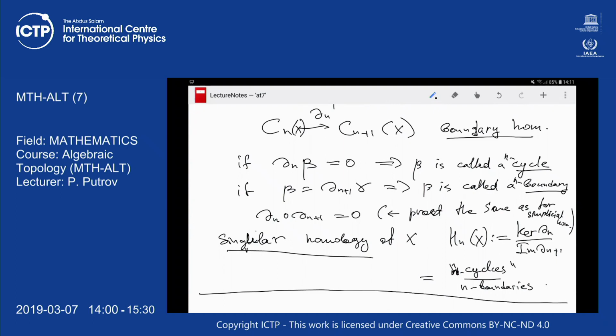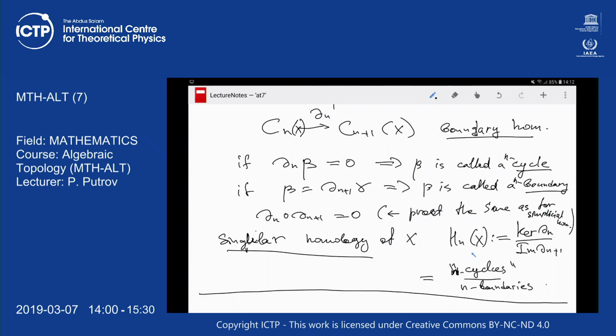Now, unlike in the case of simplicial homology, the Cn is an infinite dimensional space, the space of all continuous maps. It's quite hard to calculate explicitly, so the approach is to show particular properties of these homologies and use them to do the calculation.